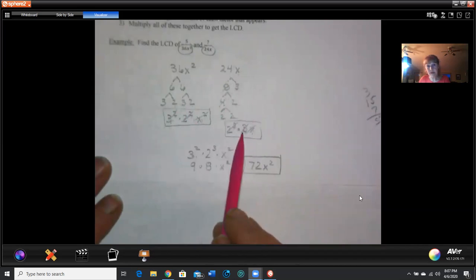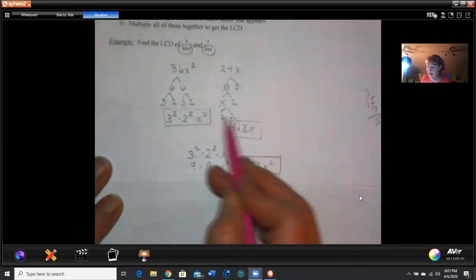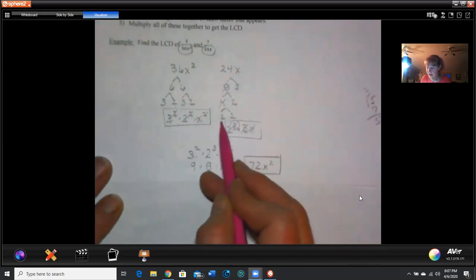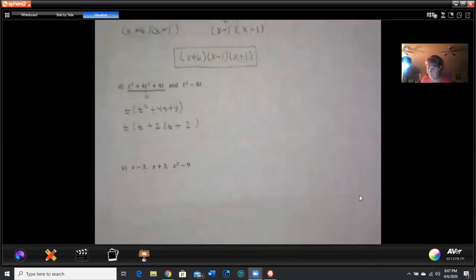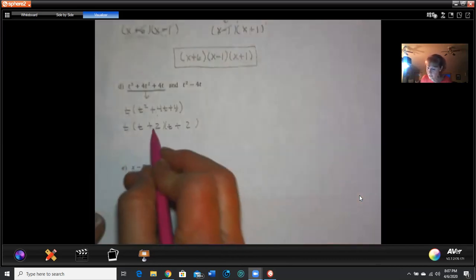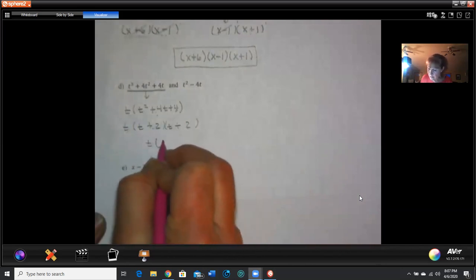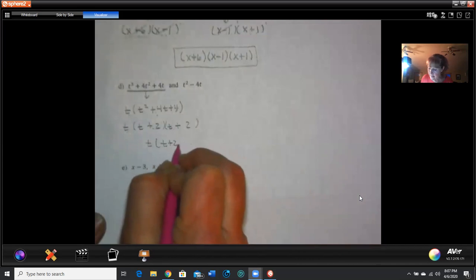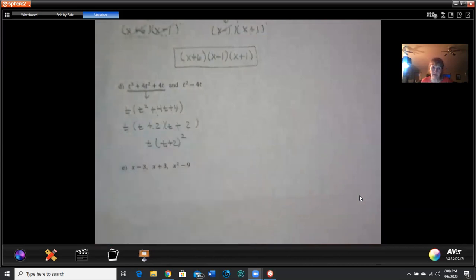We're going to do the same thing with this one. I'm going to write exponents if I have the same thing. So here I have 2 of these. So it's important that you write it like that. For your least common denominator, I have 2 of them.